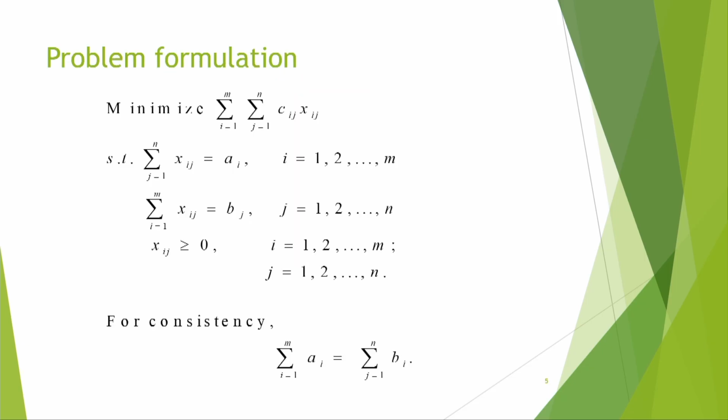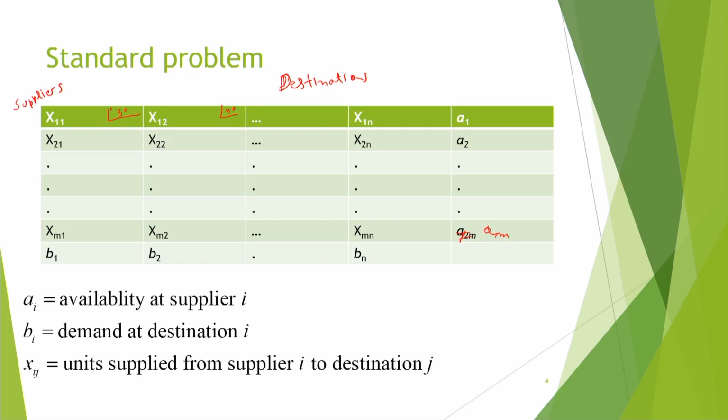So now can we do it the linear programming way? Let us see how it is equivalent to linear programming. Our goal is to minimize the transportation cost, and we can assume these are the units supplied from various suppliers to various destinations. If there is no supply from one supplier to a destination, then that cell will become 0.